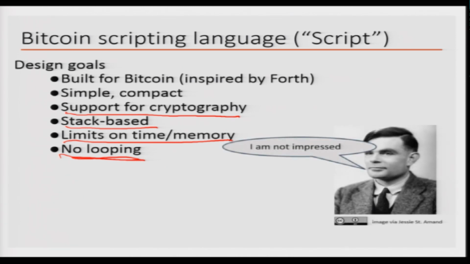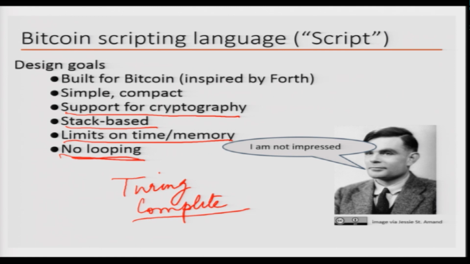All programming languages that we normally use are called Turing complete languages. If you have taken a course in theory of computation, you probably know what that means. Turing complete languages can express very complex functions, whereas this very simple language with no looping cannot express arbitrary functions.